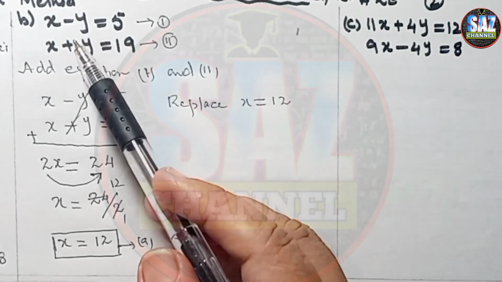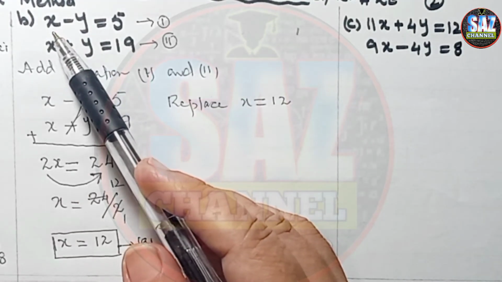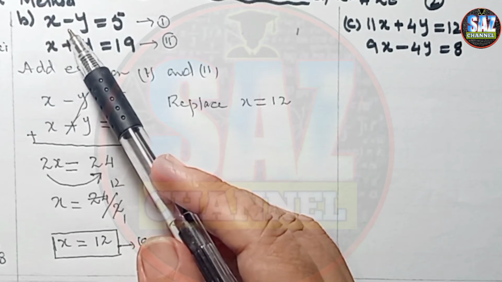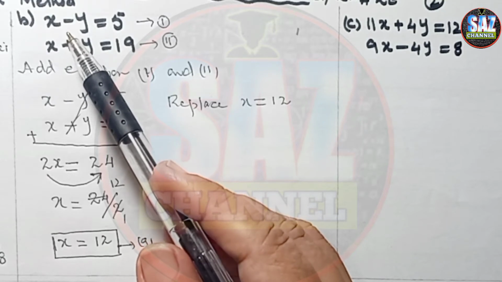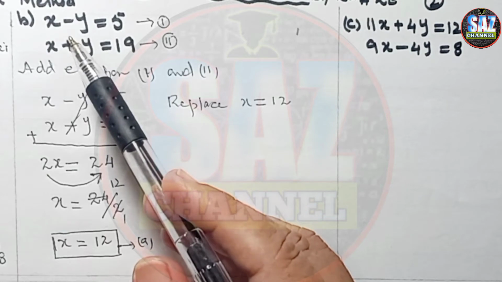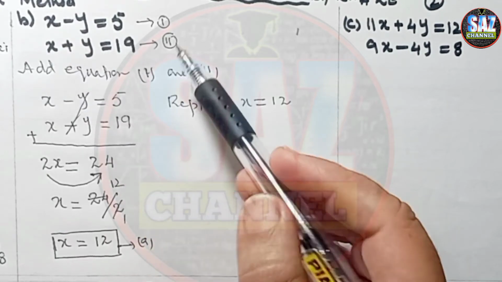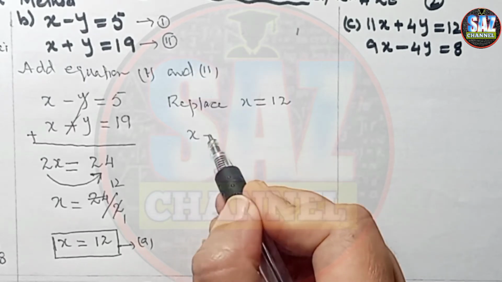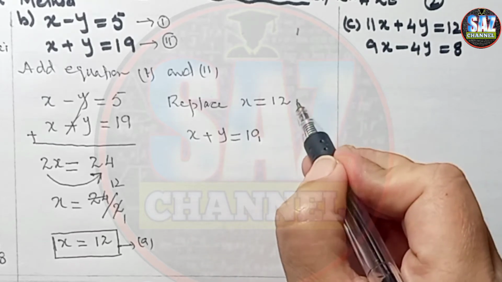If I choose the first equation, I am replacing x by 12 here, but y has the coefficient minus 1, so I have to be careful about removing this minus sign as well. Sometimes students under the pressure of exams forget to change the sign, so I will prefer the second equation, that is x plus y equals 19, equation 2.